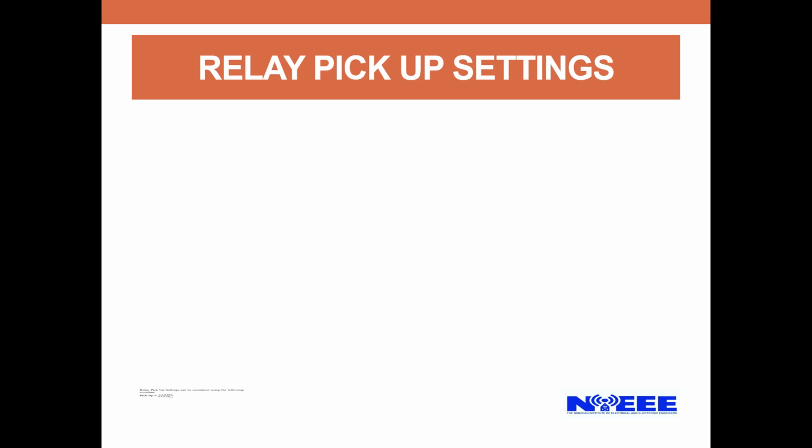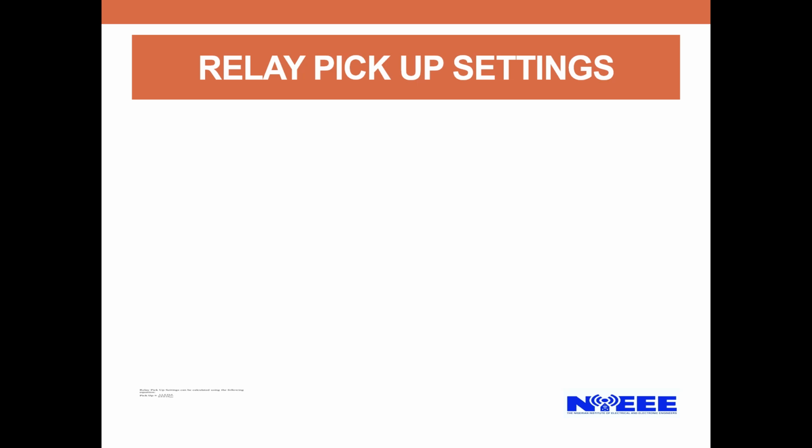Now, when it comes to pickup settings, we can have exactly the same calculations. We can have exactly the same results because the pickup settings can be mathematically calculated. For the pickup settings, we have a science to employ and determine the pickup current.